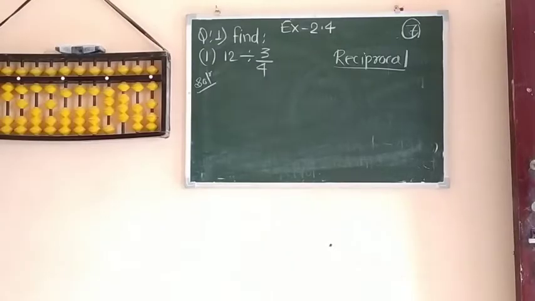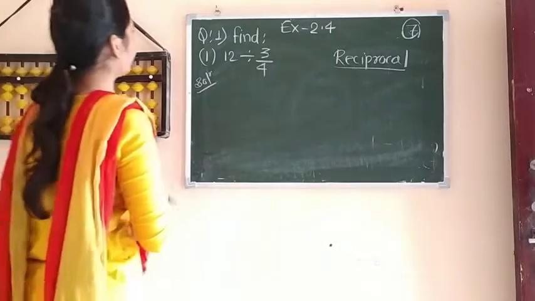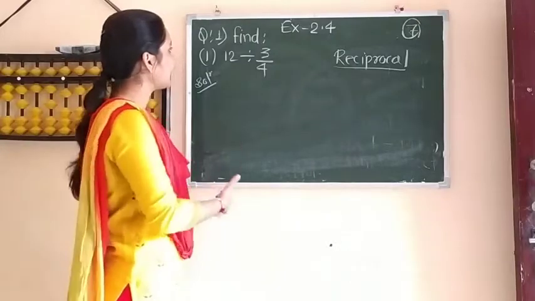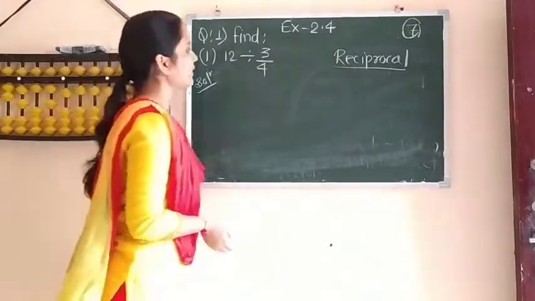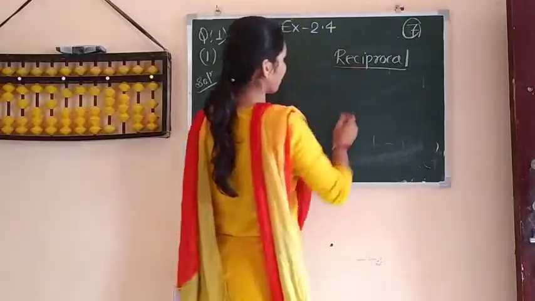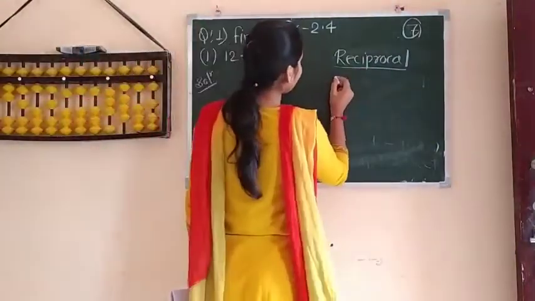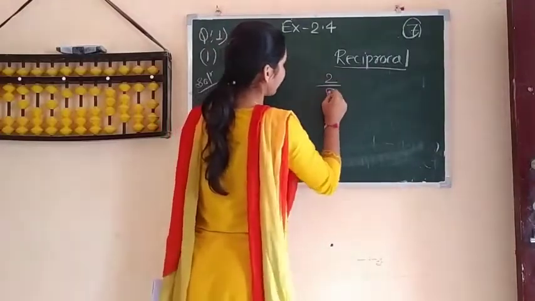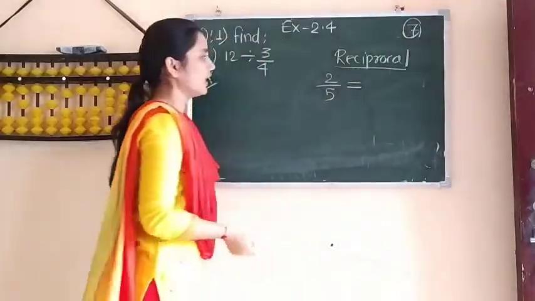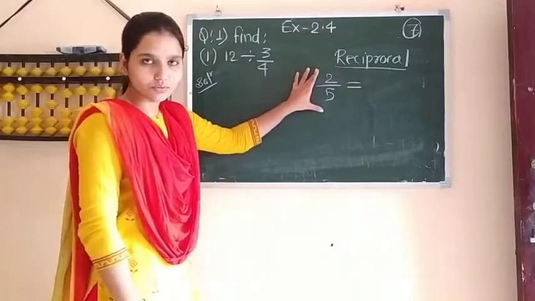So now we are going to start next exercise 2.4, question number 1. But before starting this question, I would like to tell you what do you mean by reciprocal? Okay, understand this concept. Reciprocal क्या होता है? For example, this is the fraction 2/5, and I asked you what is the reciprocal of 2/5?